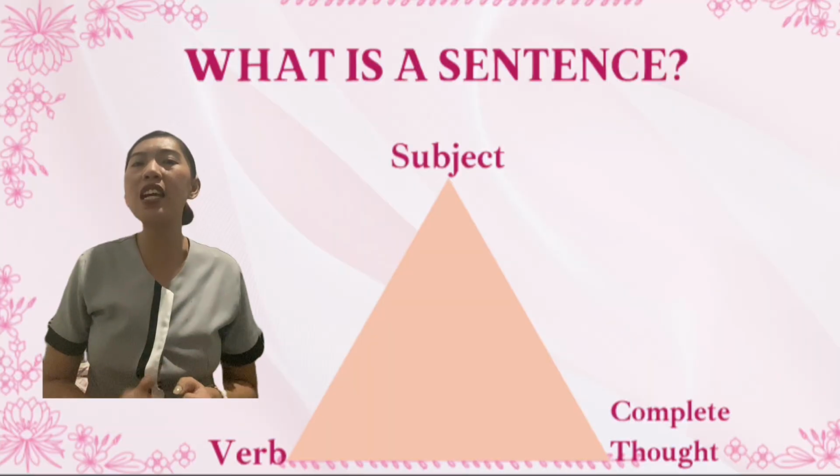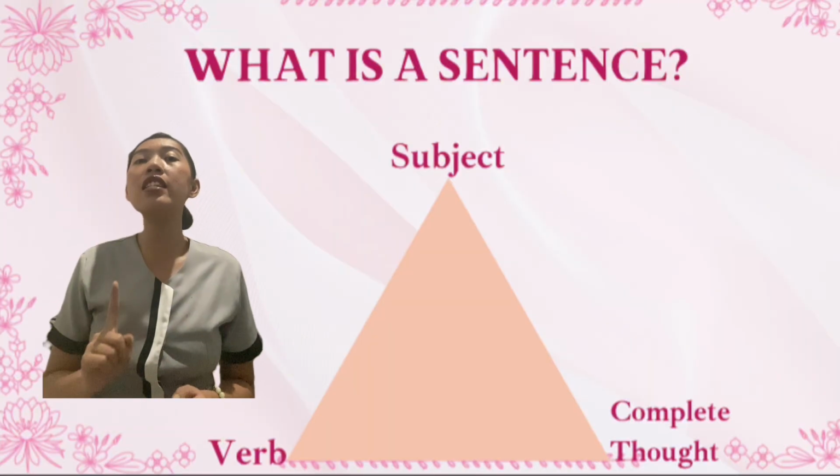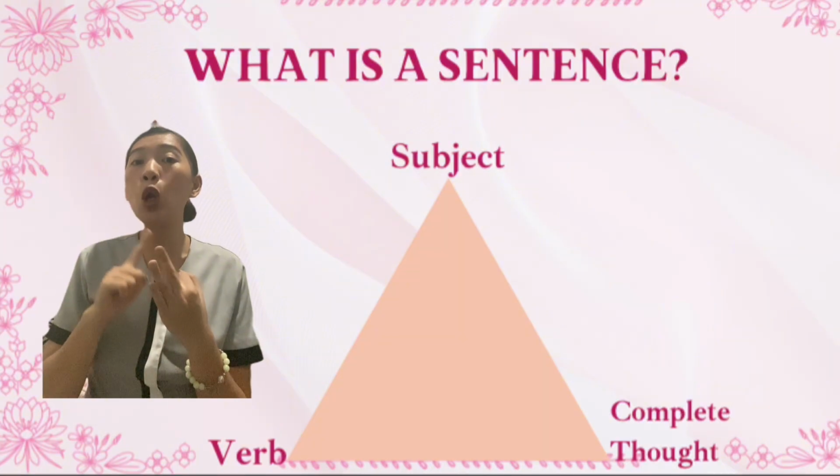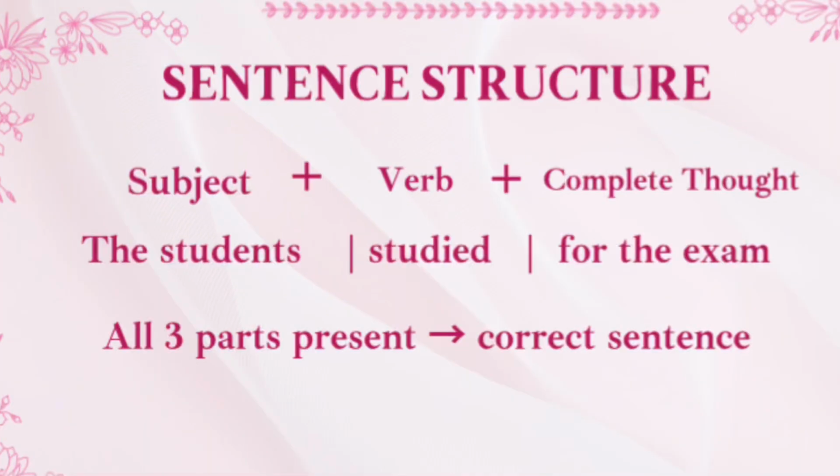Now, let us start with the most basic structure. Before we talk about errors, we must review what a sentence is. A sentence must have a subject, verb, and a complete thought. For example, this is how you do a sentence structure: subject plus verb plus complete thought.